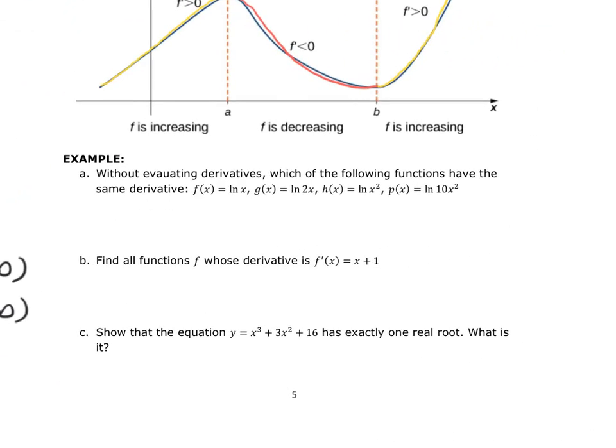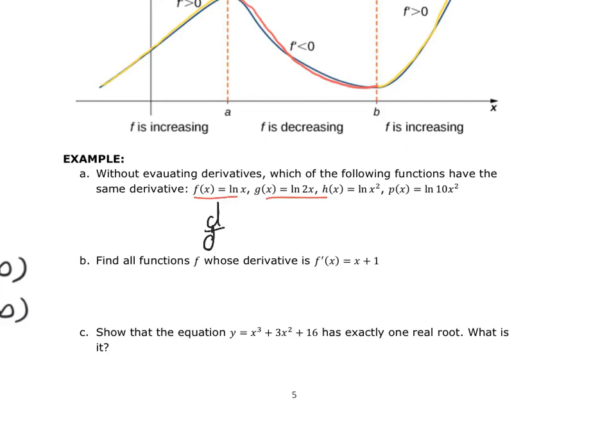We want to find, without actually finding the derivatives, which of the following functions have the same derivatives. By this point, we know that these two will have the same derivative because we have discovered that when we take the derivative of the natural log of x, whether it is the natural log of x or some constant times x, it would be the same.